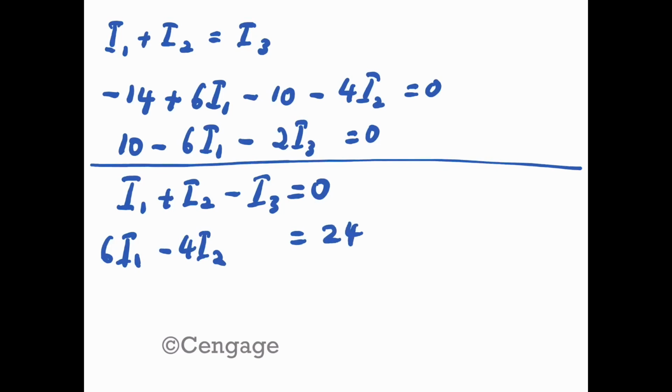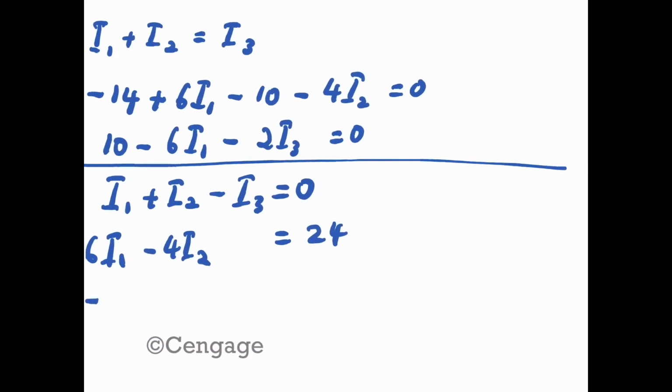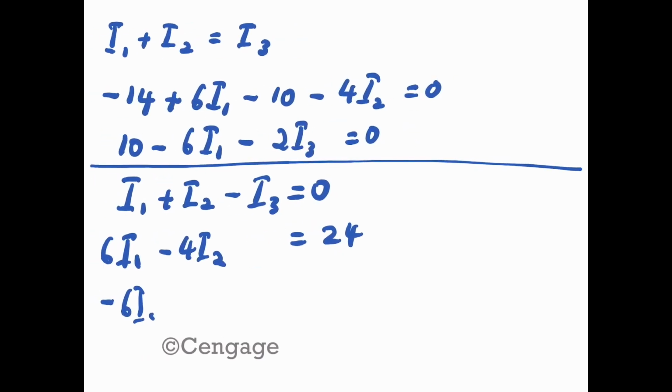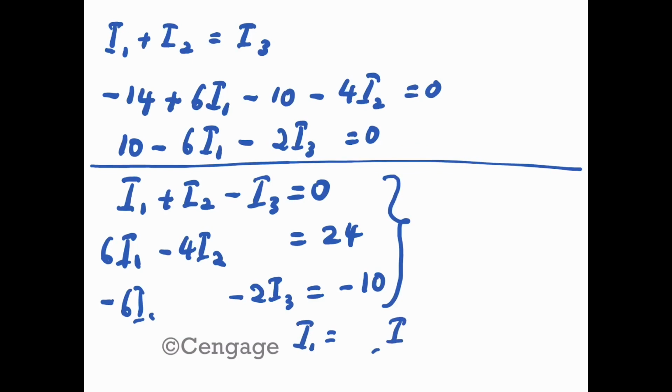The third one, negative 6I1 minus 2I3 equals negative 10. And for this, use your calculator to calculate the answers for I1, I2, and I3.